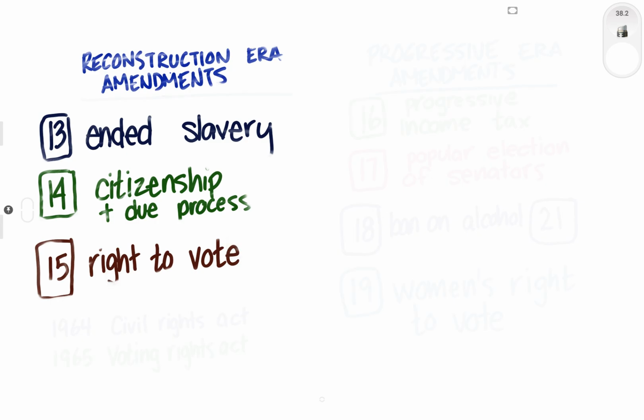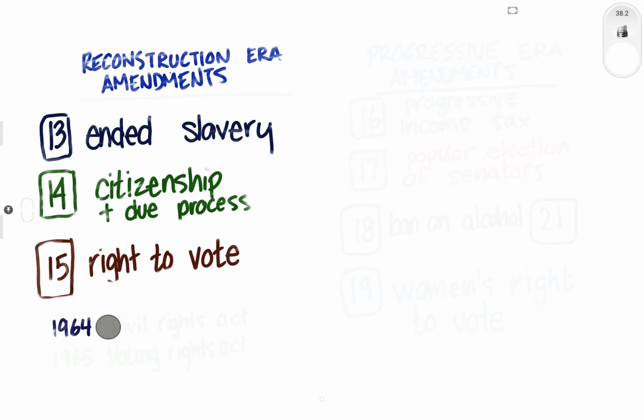Okay? And even after they got the right to vote and citizenship and there was no slavery, it still wasn't fair. The Jim Crow laws and black codes, and so more laws needed to be passed.